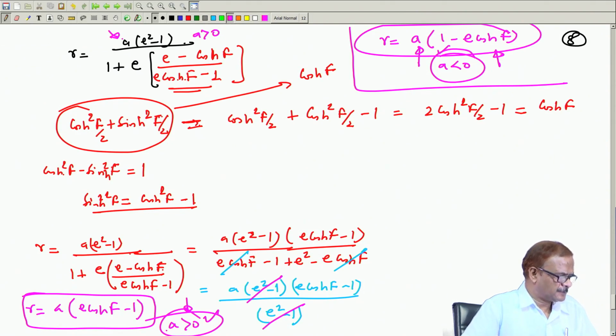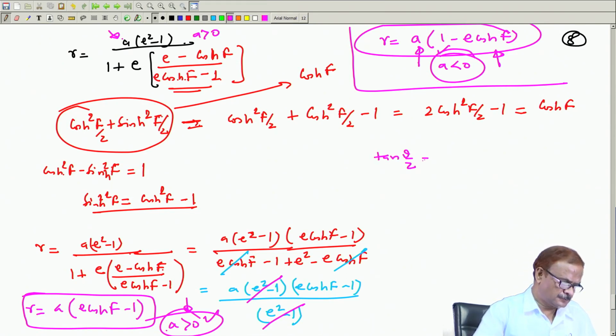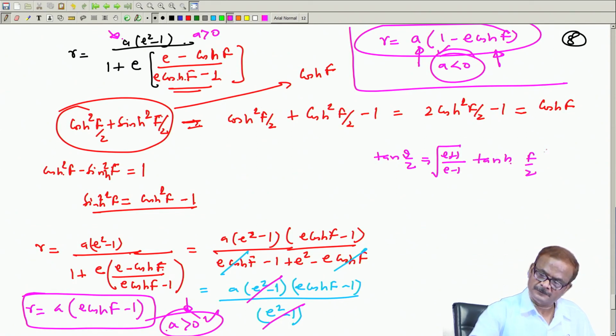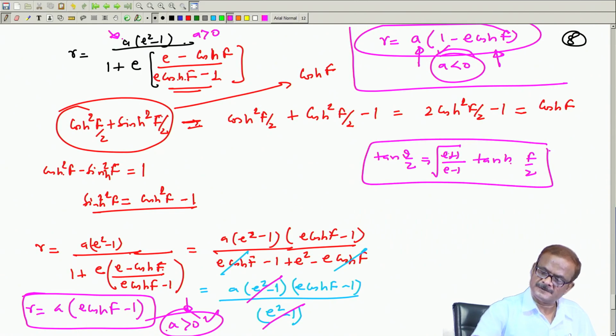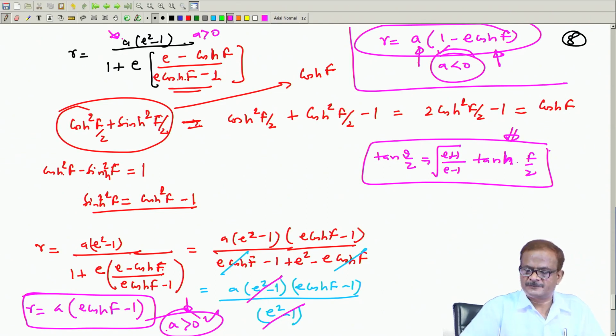Now, the only thing we are left with is proving tan theta by 2 equal to under root of (e plus 1) over (e minus 1) times tan hyperbolic f by 2, and this is similar to what we have got for the ellipse.